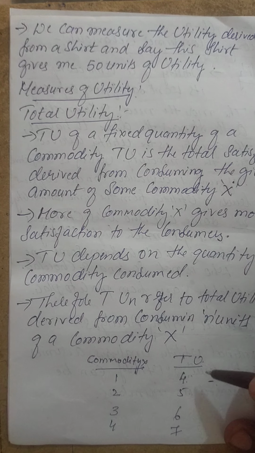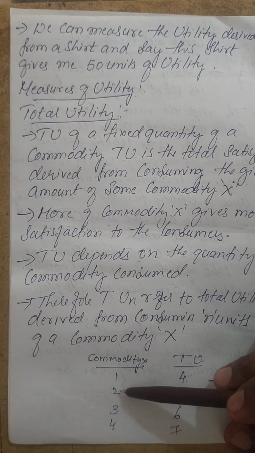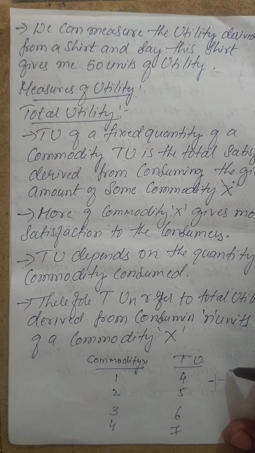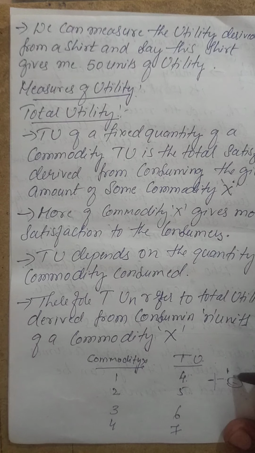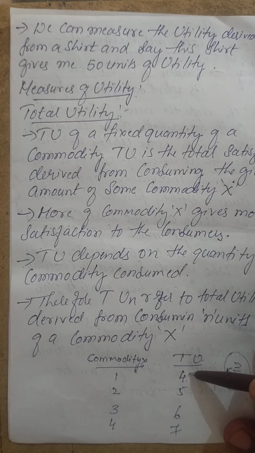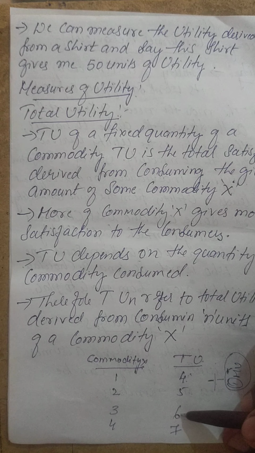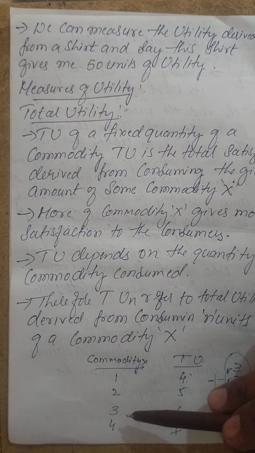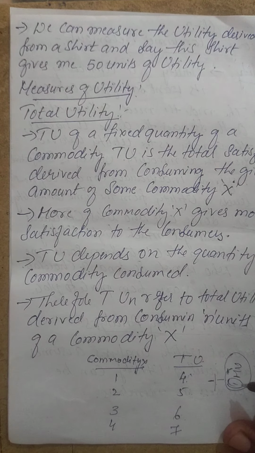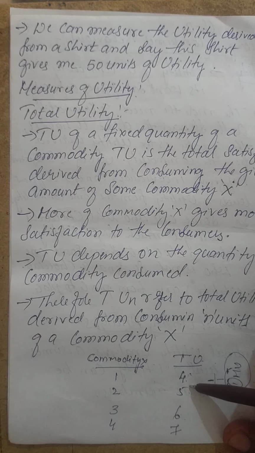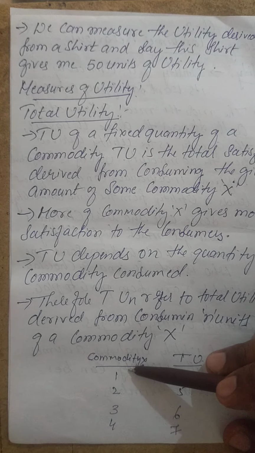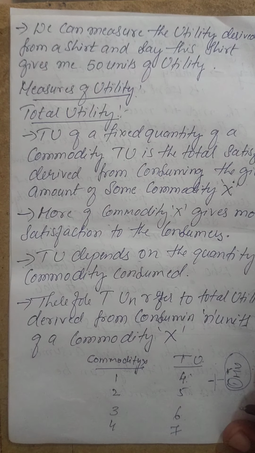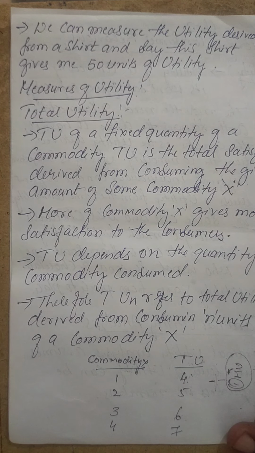So 5 minus 4 is 1, and here 2 minus 1 is also 1. So MU becomes 1 for this unit. For the next unit also, 6 minus 5 is 1 and 3 minus 2 is 1. So delta TU divided by delta Q, change in TU divided by change in Q, is equal to MU. So this becomes the answer.